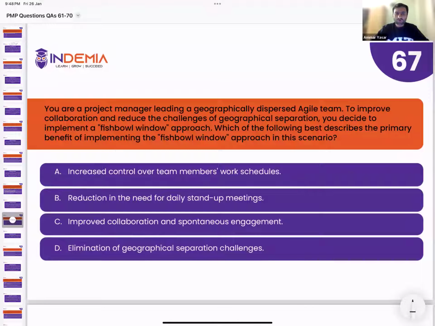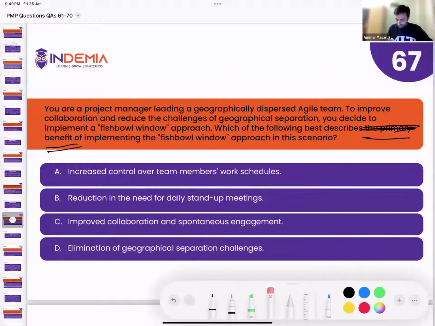You are on the same call, you are working, whenever you need to talk, you just unmute and you can spontaneously talk, right? So D could be correct, but that's not the primary benefit of fishbowl window. Because if you see, the question asks for the primary benefit, right? So that's why you need to take option C. Next question.